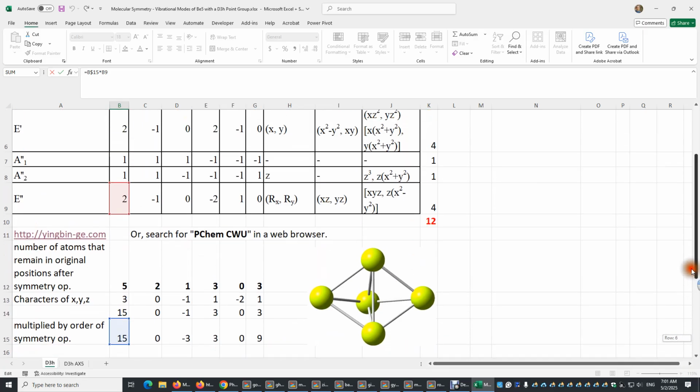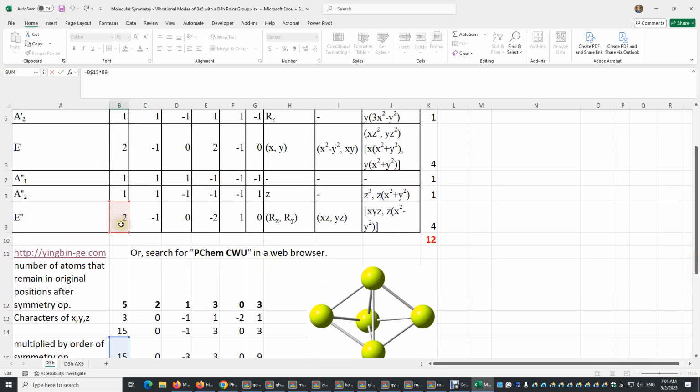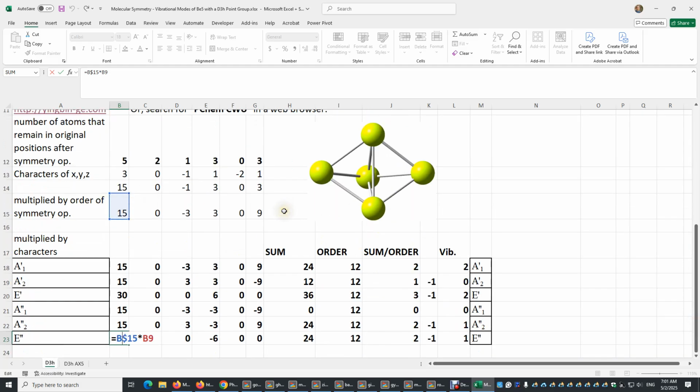And where's B9? B9 is simply this character in the row of E double prime. And then we have these 6 numbers times these 6 numbers. If I click here, you can see this one times E9.